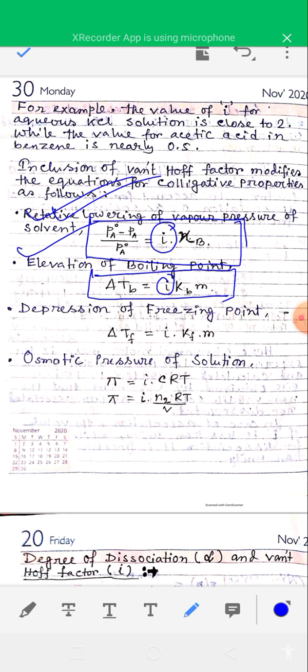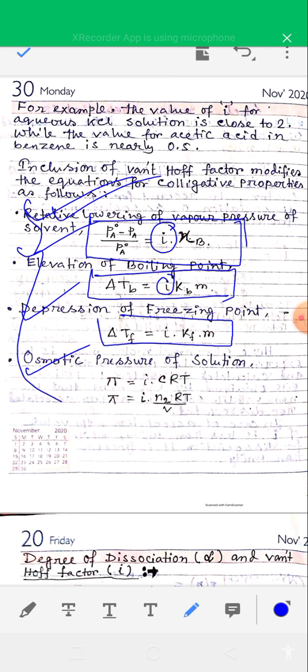And for depression of freezing point, delta Tf is equal to i into Kf into m. For osmotic pressure, pi is equal to i into CRT. These formulas are used to calculate different types of colligative properties of a dilute solution having associative and dissociative solute.